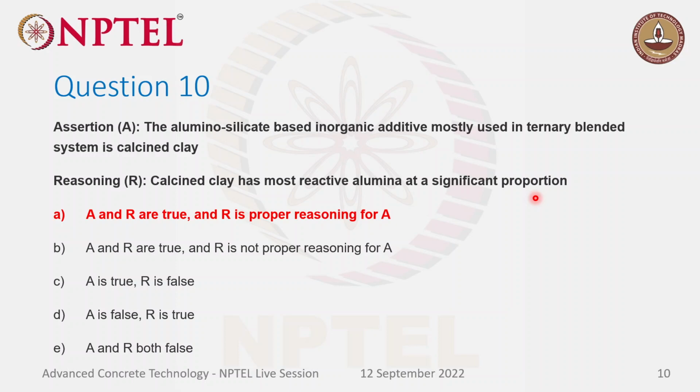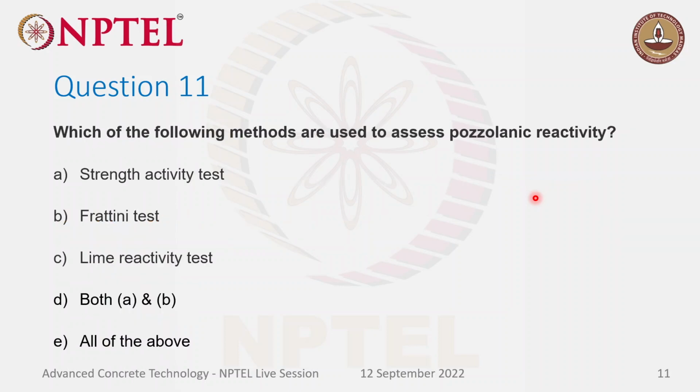That's true. Okay, now let's move to question 11. Question 11 is, which of the following methods are used to assess pozzolanic reactivity? Sir has explained the different techniques used to assess pozzolanic reactivity. You have to find which of the following methods are used. There are 5 options.